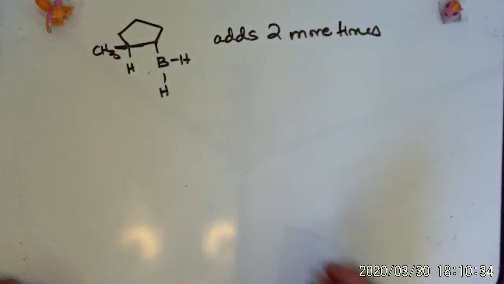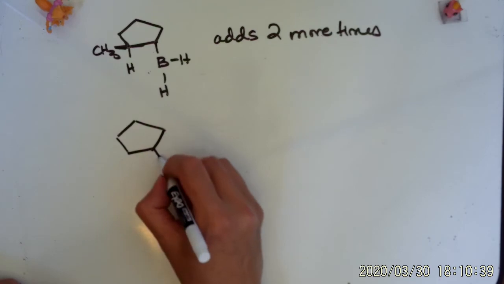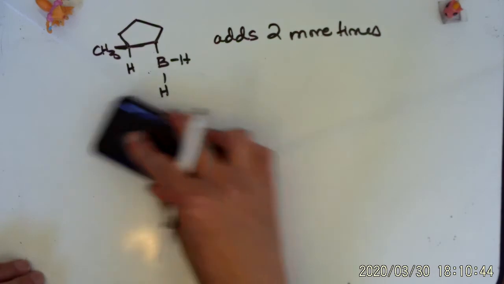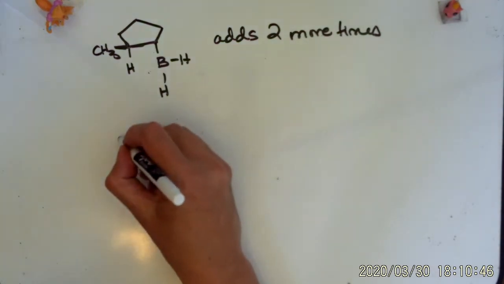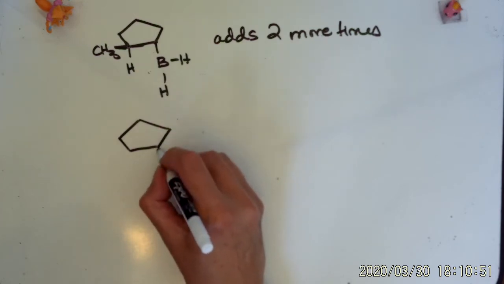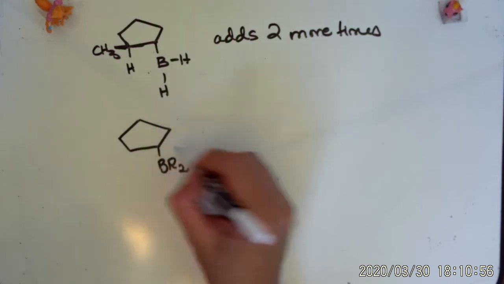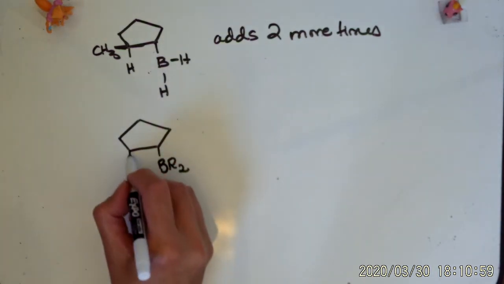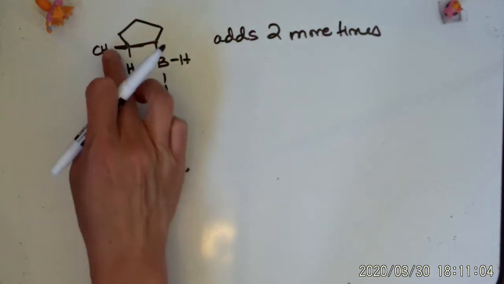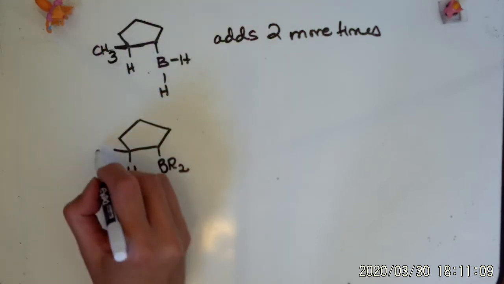When you do that, I'm going to put R2. And the hydrogen is coming out towards you. Here is the hydrogen I added from my boron and my methyl group.